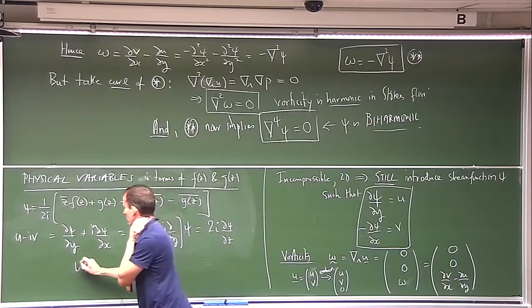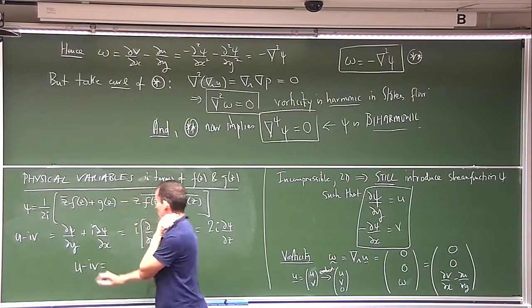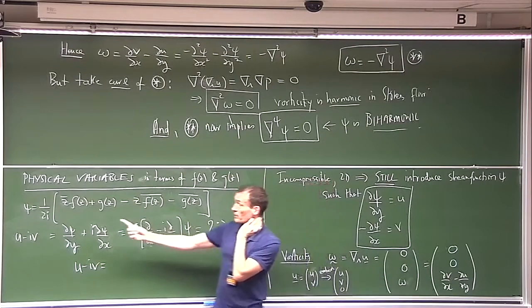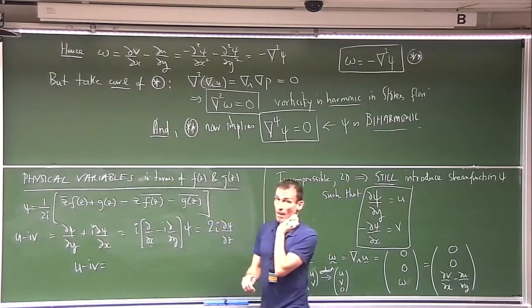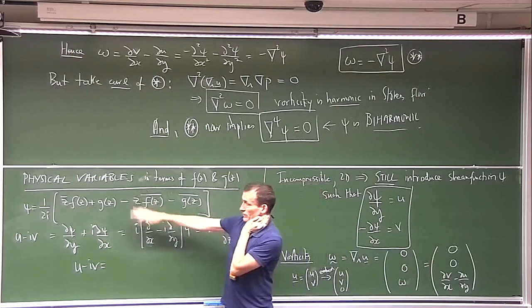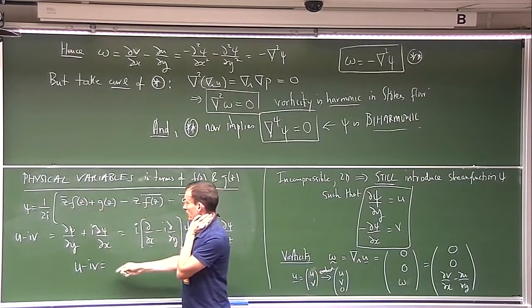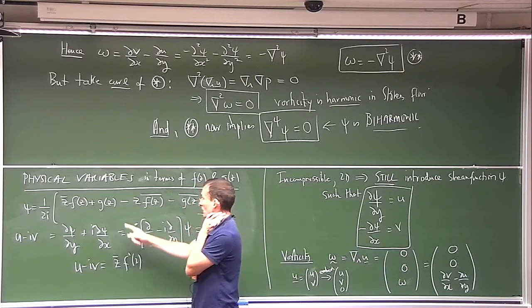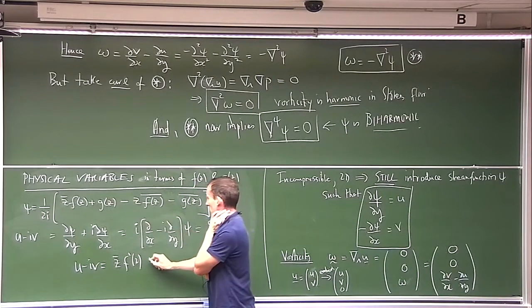So u minus iv. Notice that conveniently this 2i cancels with this 2i. And then we just need to take z derivatives. So what we get here, look, is z bar f prime plus g prime.